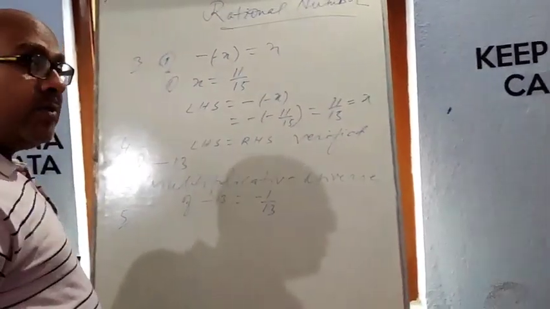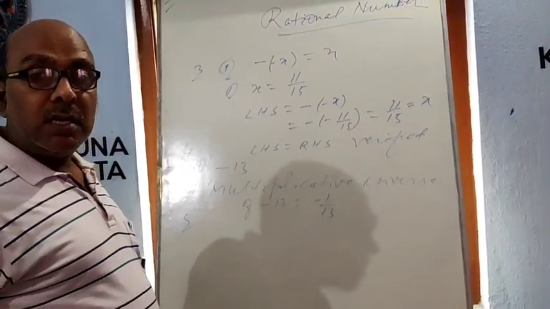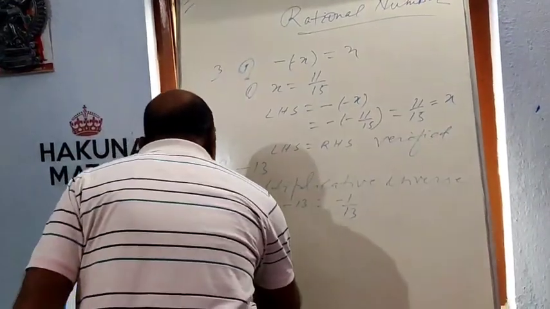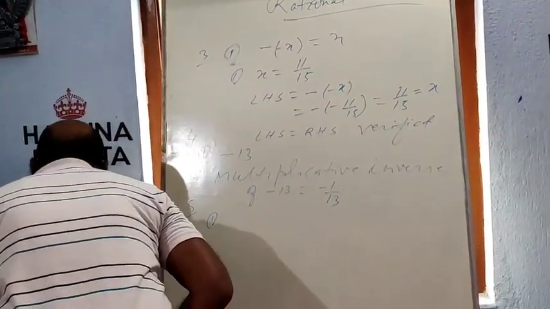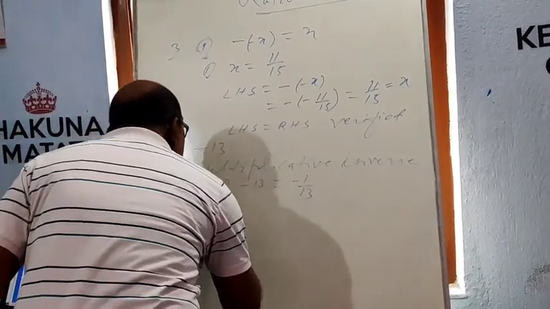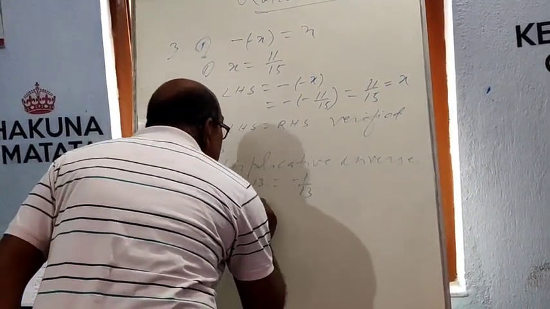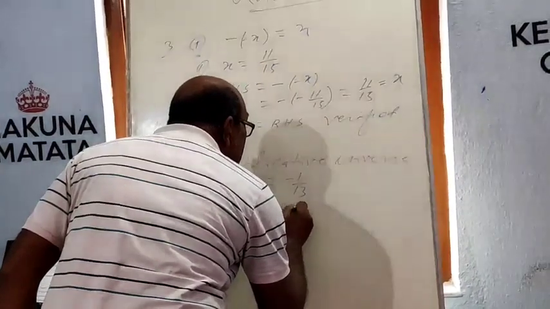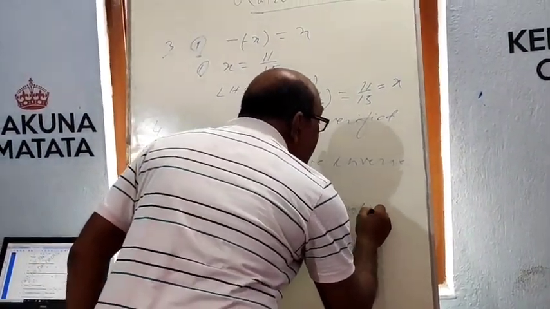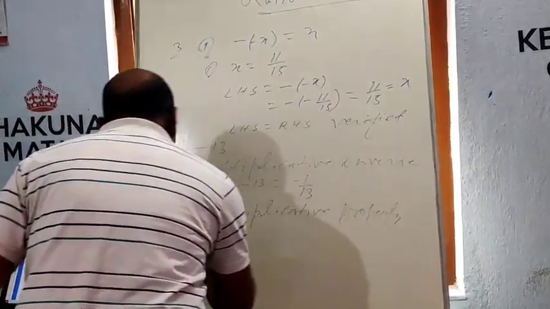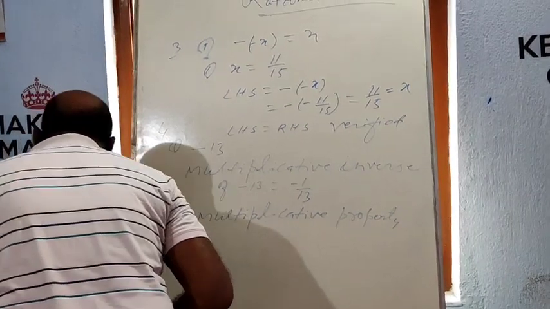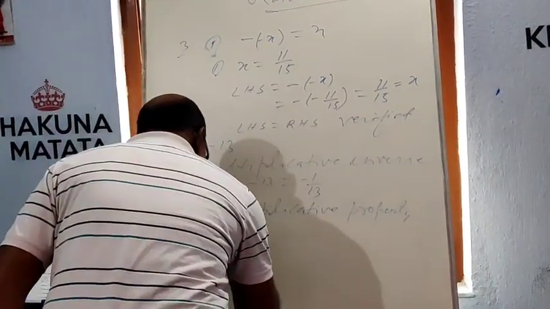Now question number 5. In question number 5 you have to find the property. Which property follows these questions? In 1, this is the multiplicative identity. First is multiplicative identity. First question follows multiplicative identity. Second, commutative property of multiplication.